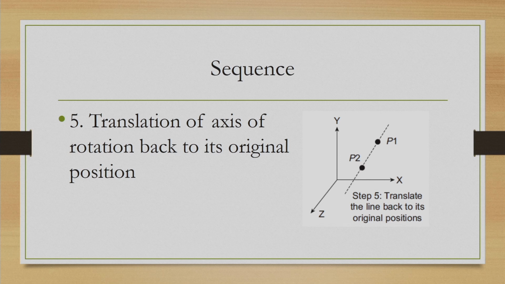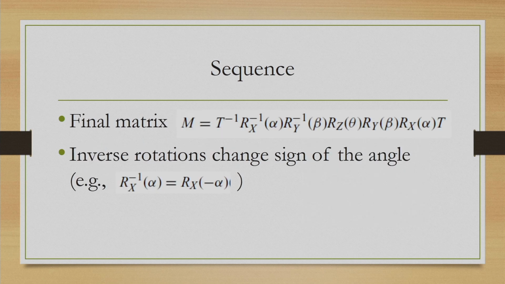So, then what would be the composite matrix? We can get it by matrix multiplication, and we will follow the right to left rule. So, first we perform the translation to take the line passing through the origin, then we perform a rotation about the x axis by an angle alpha to bring the line on the xz plane.